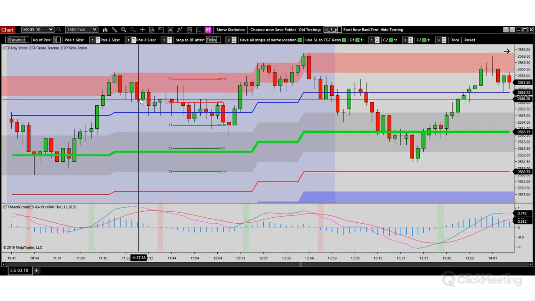So it's not sufficient just to break the trend line. It has an added feature of waiting for a MACD cross. Does that answer your question, John?